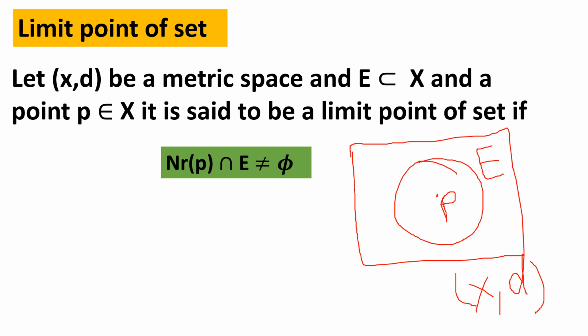The neighborhood of a point P is nothing but P consisting of Q points also. So let us take the point P, which consists of Q1, Q2. The neighborhood of P consists of Q points, and here they are saying N_r(P) intersection E is not equal to phi, which is nothing but there are common elements in P and Q.